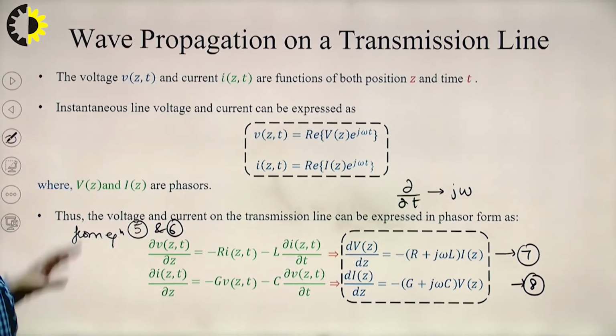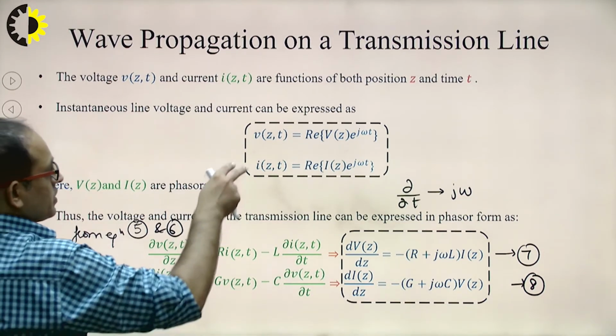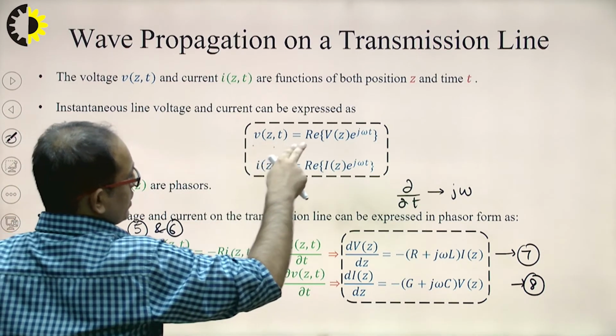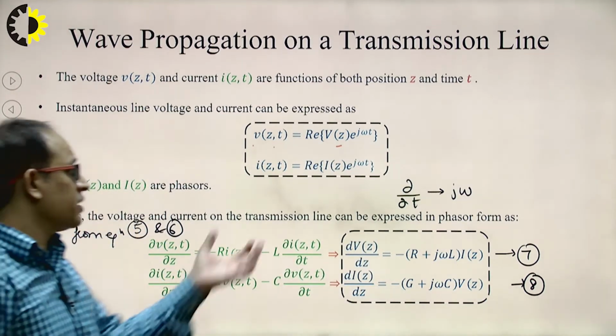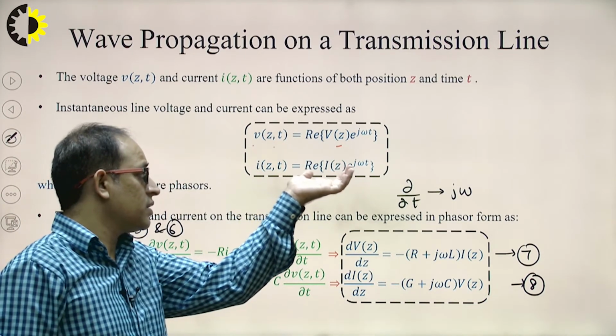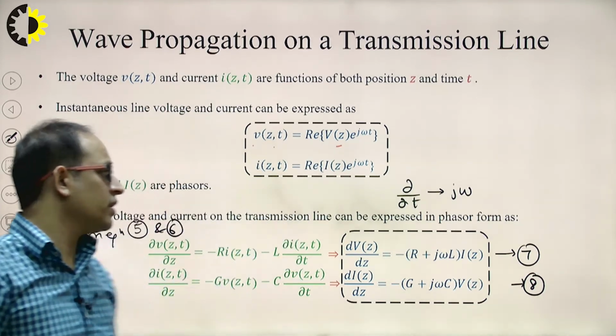Now see, instantaneous voltage can be represented in this form, V of z comma t equals real part of V of z e to the power j omega t, and current will be represented in time domain as real part of I of z e to the power j omega t.